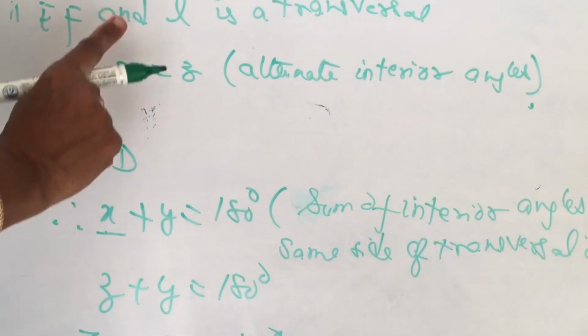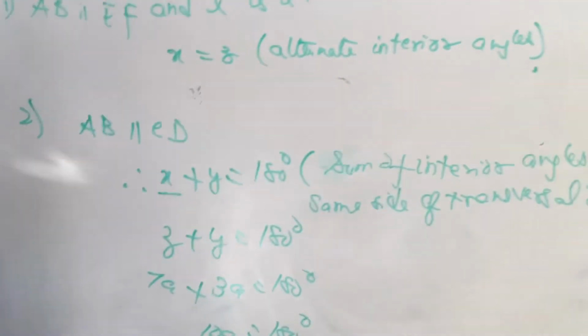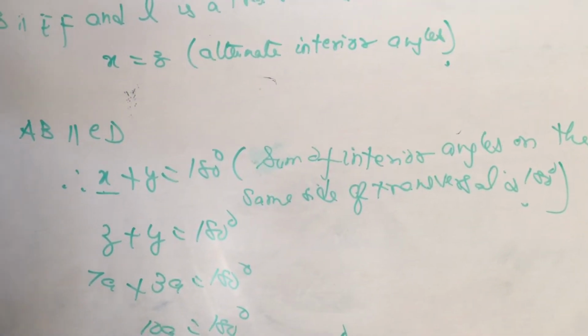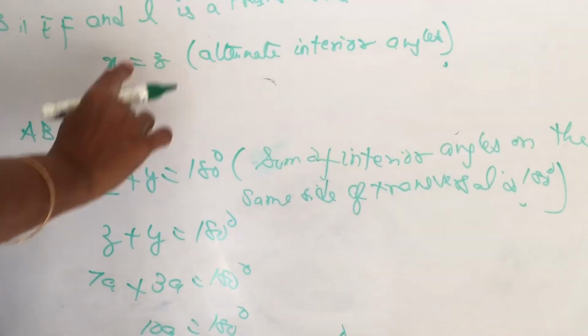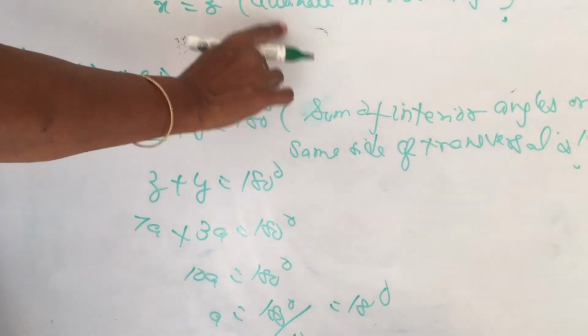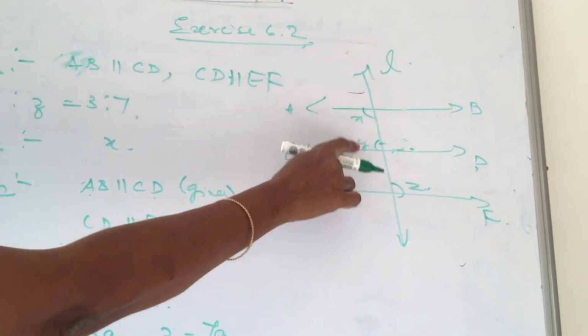When lines are parallel and cut by a transversal, X and Z are alternate interior angles. Do not consider the line CD. X and Z are alternate interior angles, so they both are equal. AB parallel to CD, and what are X and Y?